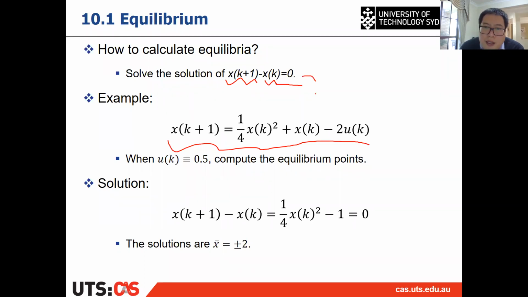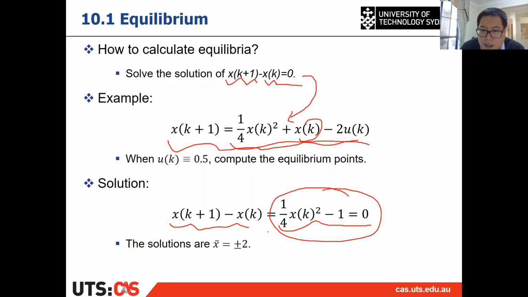We apply it into this equation to get x_{k+1} minus x_k equal to this equation minus x_k, that will be equal to 0. And you get the solution from that equation, and that will be your equilibrium point.